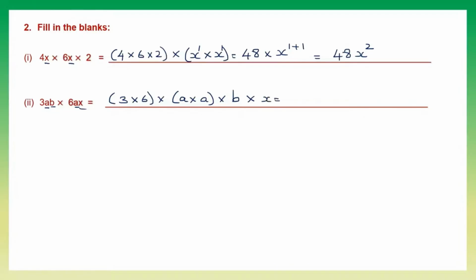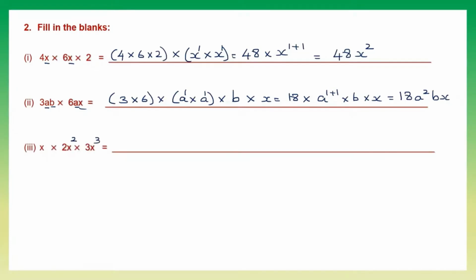So now this will become 3 6s are 18 into a to the power of 1 plus 1. So that is 1 plus 1 into b into x. So what's our answer? 18 a square bx. That is our answer.